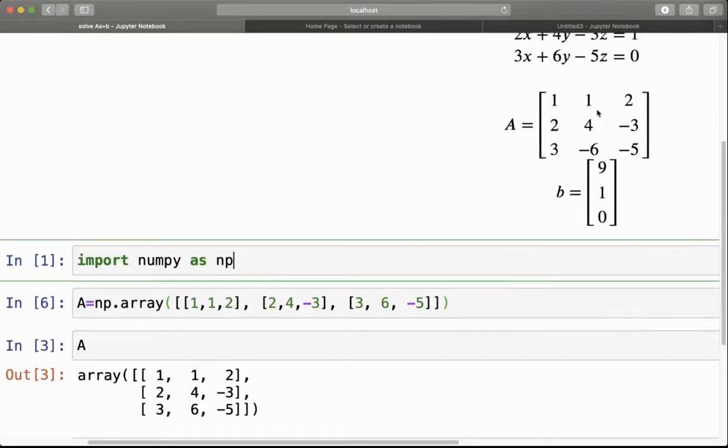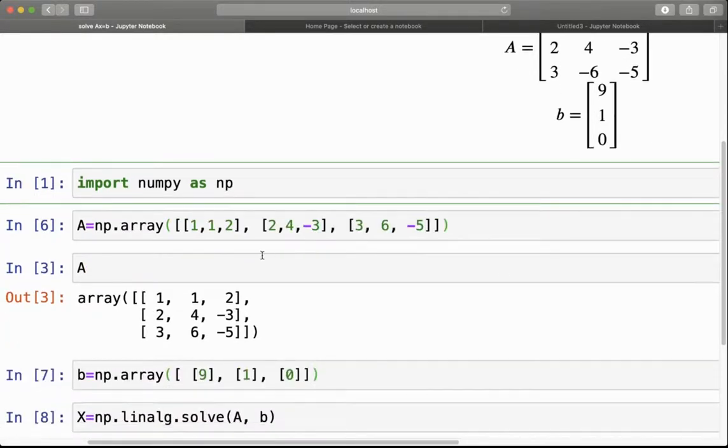So the first row, 1, 1, 2, is square brackets 1, 1, 2, followed by a comma, and then 2, 4, minus 3 in square brackets is the second row, and 3, 6, minus 5 in square brackets is the third row. Okay, so then we get a matrix A. In Python it's called an array.